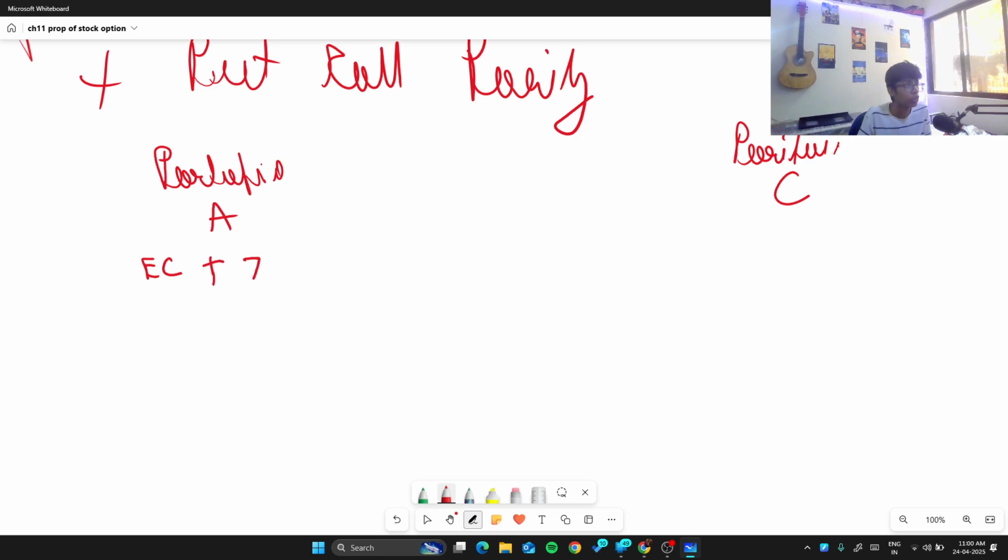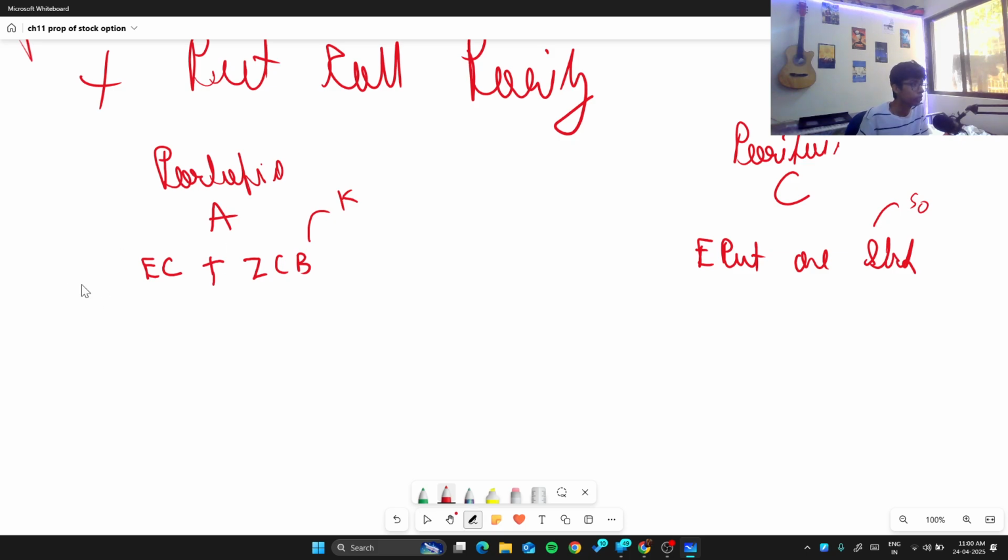The zero coupon bond return will be K, like I discussed earlier, and the payoff would be of the call, and portfolio C would consist of one European put and one stock, right? Here its return will be K and the stock return will be S0.